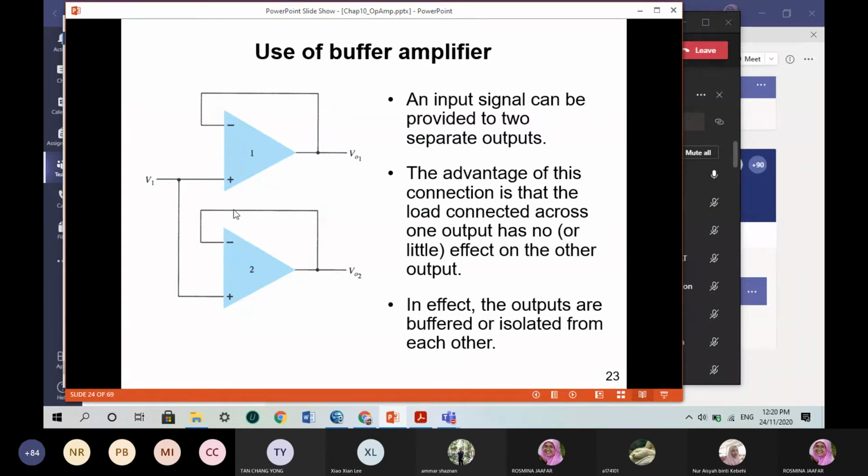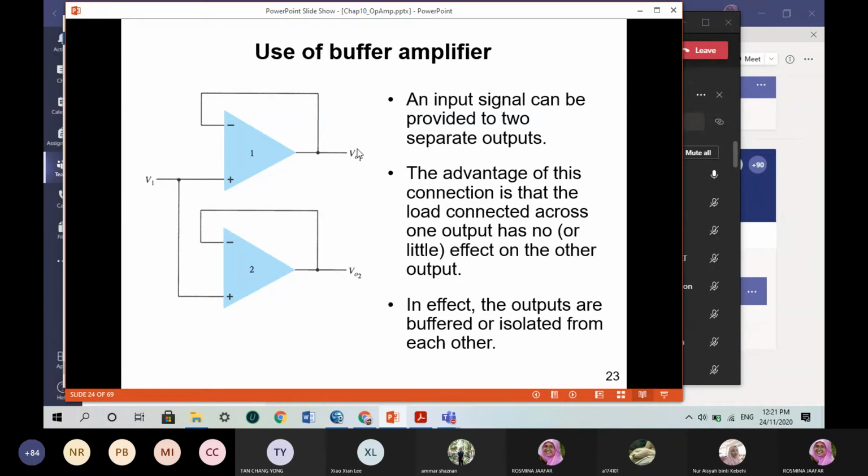An input signal can be provided to two separate outputs. The advantage of this connection is that the load connected across one output has little or no effect on the other output.